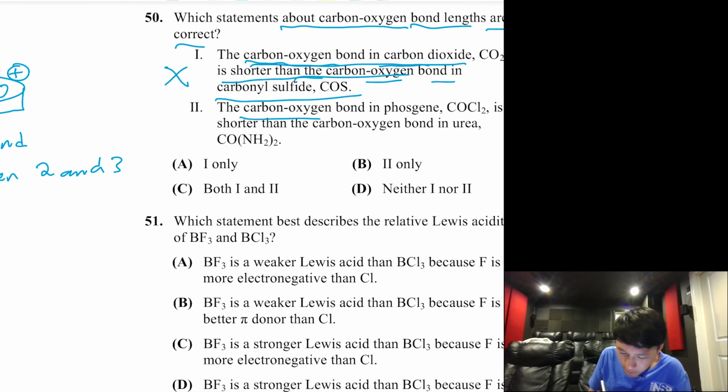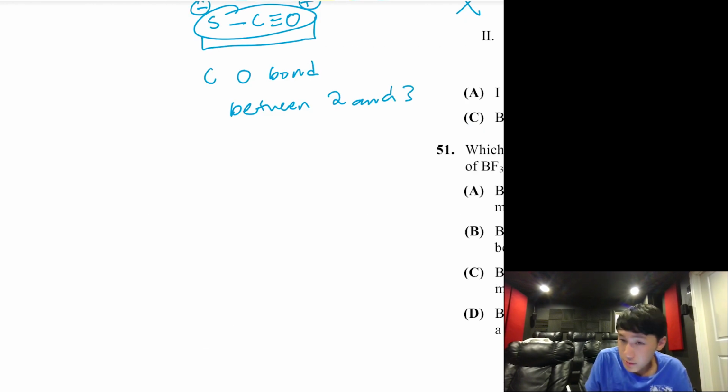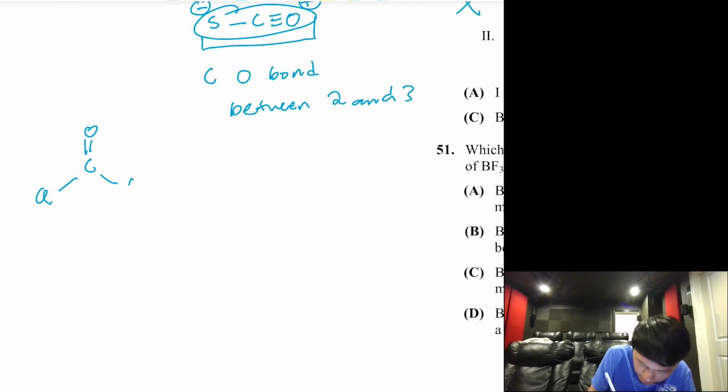2, the carbon-oxygen bond in phosgene is shorter than the carbon-oxygen bond in urea. So let's draw the structures of phosgene and urea, just like we did before. So we have this carbon, double bond oxygen, chlorine, chlorine, and this carbon double bond oxygen.